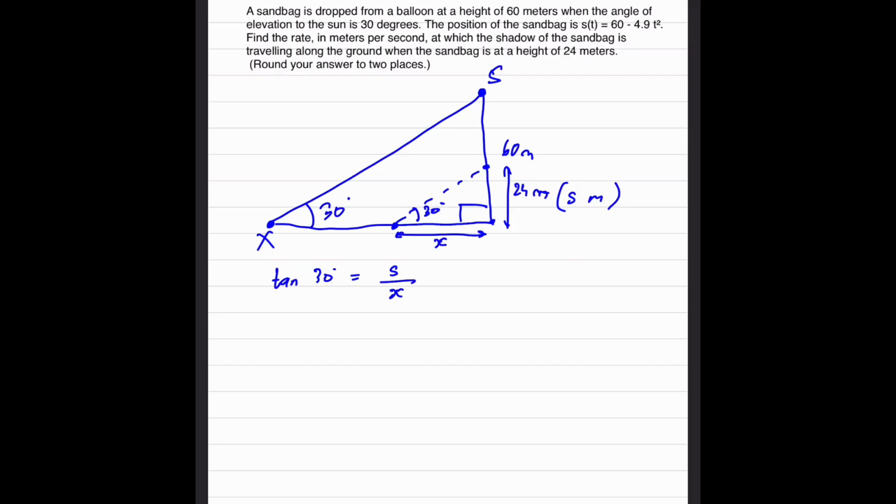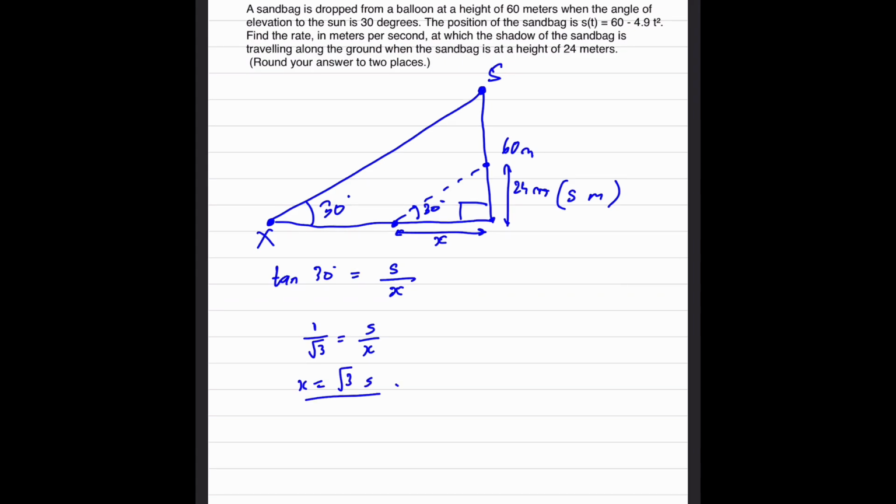So tan 30 is equal to S by x, and we know tan 30 is 1 by root 3, and therefore x is going to be root 3 times S. So that's the formula we found.